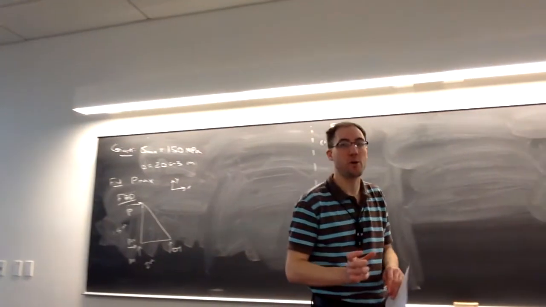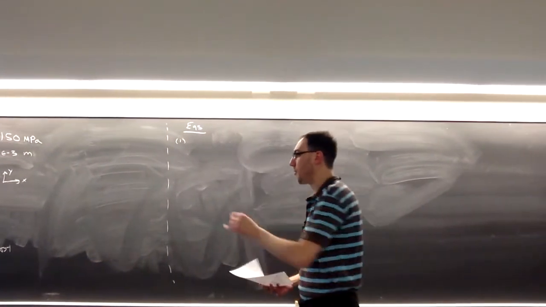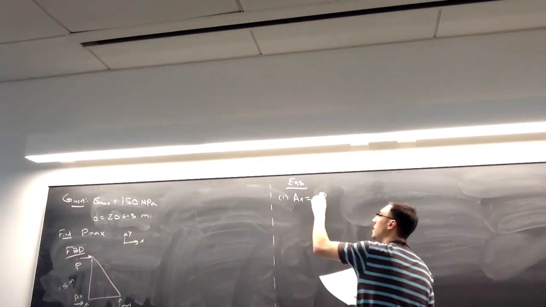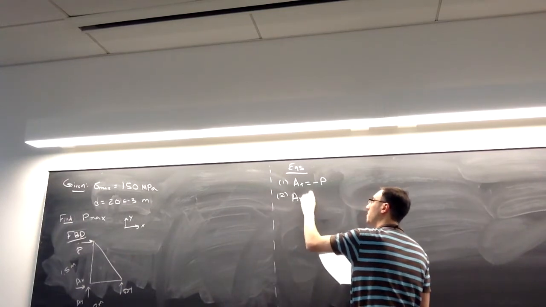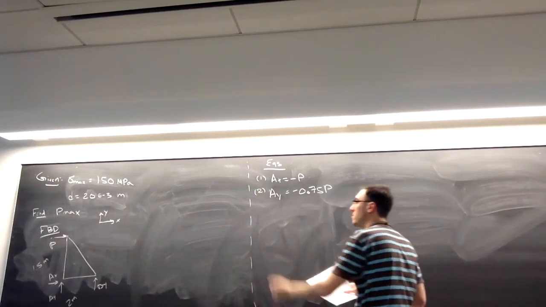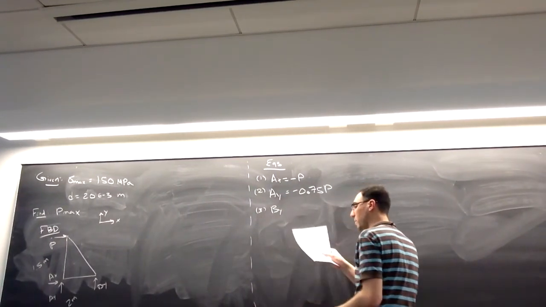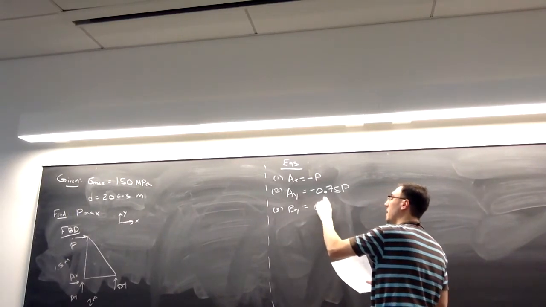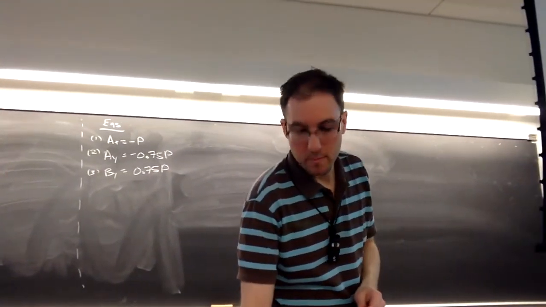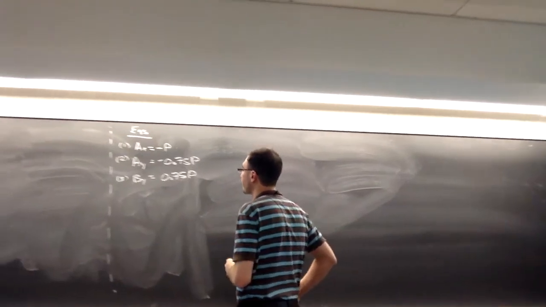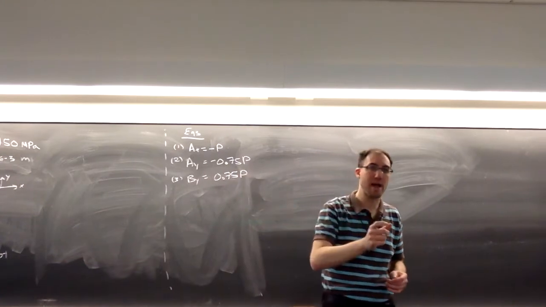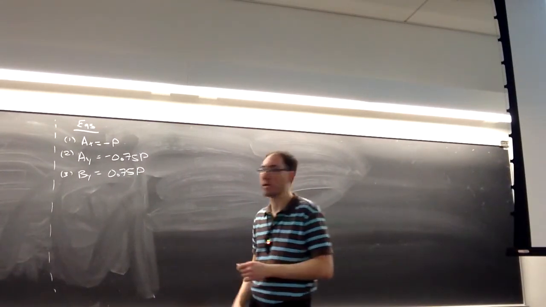What we want is everything in terms of the applied force P. So if we solve AX, AY, and BY in terms of P, we're going to get that AX must be negative P. AY, we're going to get a negative 0.75 P. And BY, we're going to get as positive 0.75 times P. I want everything in terms of P because ultimately I'm going to need to find the stresses in terms of this unknown value P.